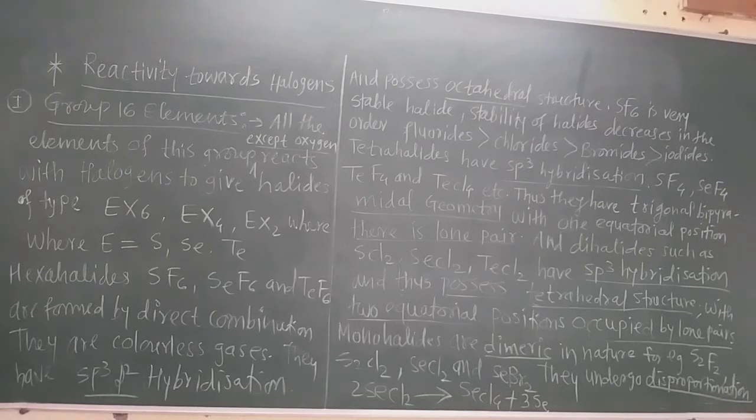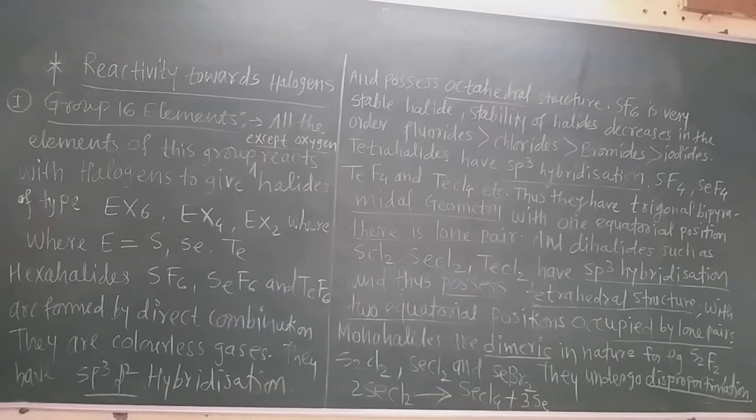EX6, EX4, EX2 types of halides are formed by the group 16 elements, namely sulfur, selenium and tellurium. The hexahalides, that is the EX6 type halides, are sulfur hexafluoride, selenium hexafluoride, tellurium hexafluoride.